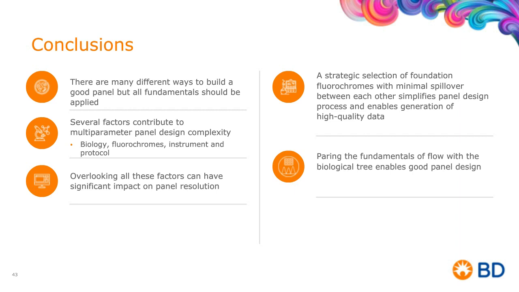Now, how we select all of those fluorochromes, how we understand and look at what that spillover is between lasers and where it spreads in is certainly something that if we do it right, the data gets better. You saw those examples of choosing the right color for the biology. And then at the end, if we pair all those fundamentals that we have in flow with those biological trees right up front, it becomes even easier because we can see what's on one side of an arm of a panel and what's on the other side.